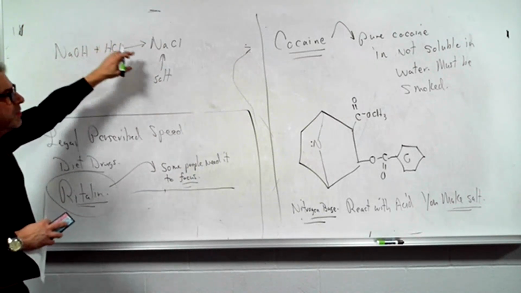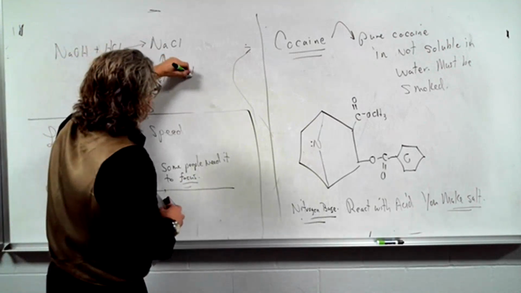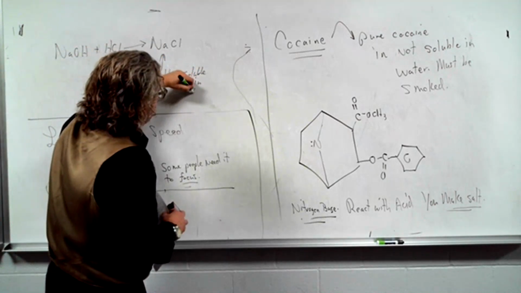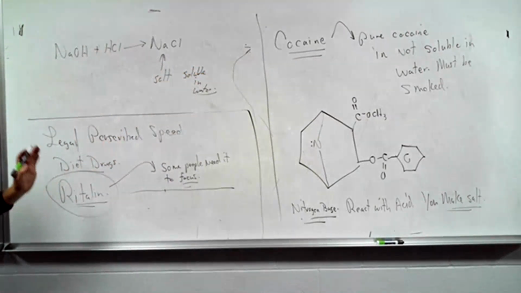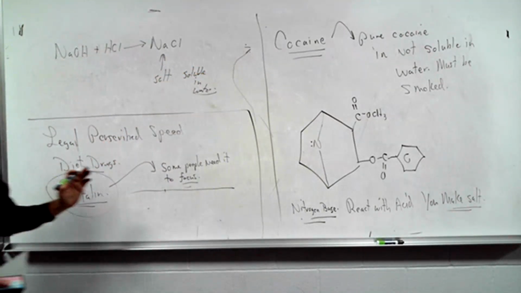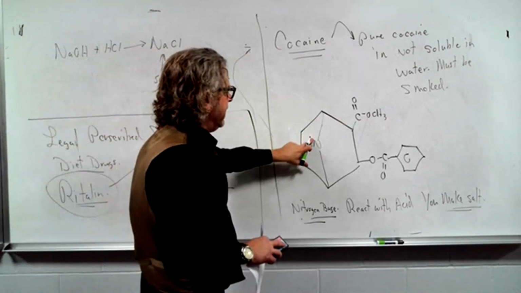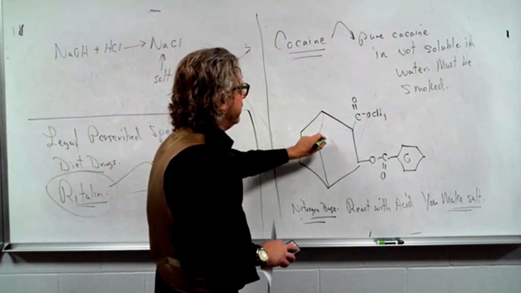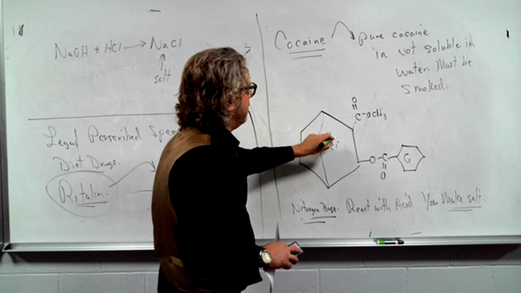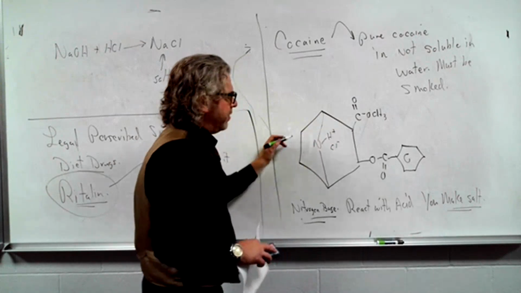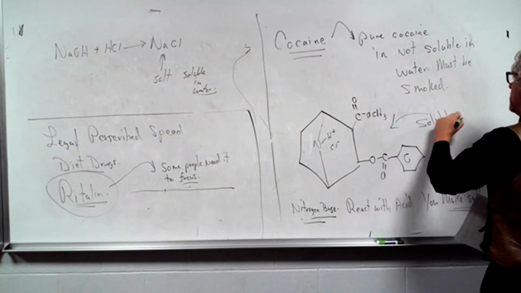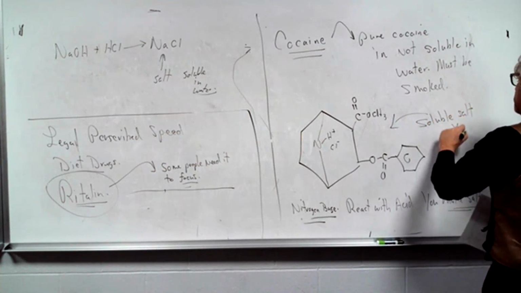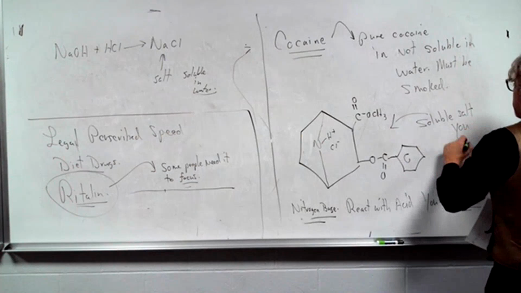So the base becomes a salt, and this is soluble in water. What the people did in South America is they would take this off, put an H plus Cl minus, and this is the soluble salt you snort.